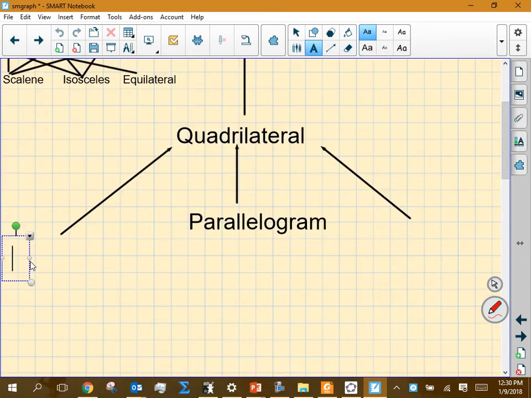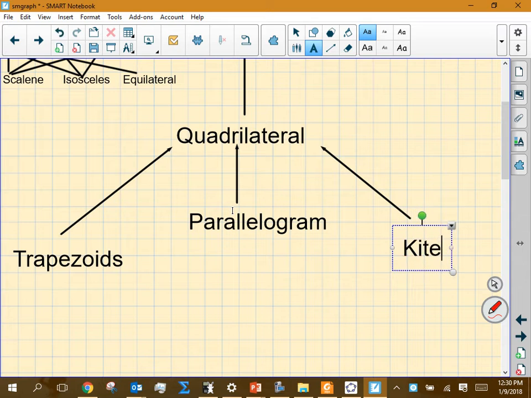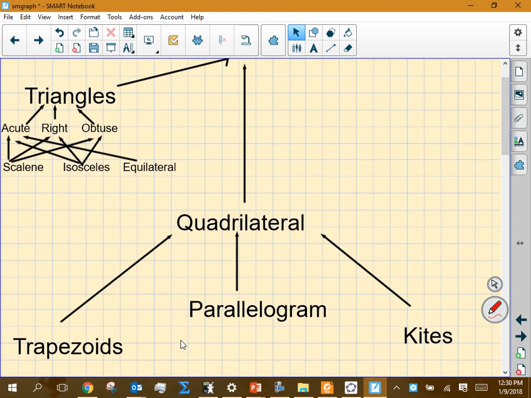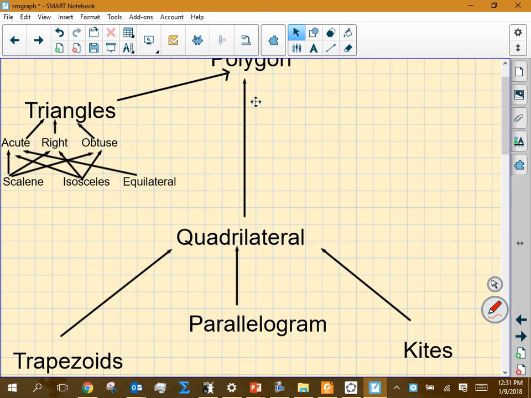Okay, trapezoids is one. We will talk about rhombuses, but the placement of that is going to be important. We'll talk about kites. Okay, now here's the thing. The way I've written this and drawn this, is any trapezoid a kite? No. Is any kite a parallelogram? No. Is every kite a polygon? Yes. Yeah, because I can go through the chart back to it, right?